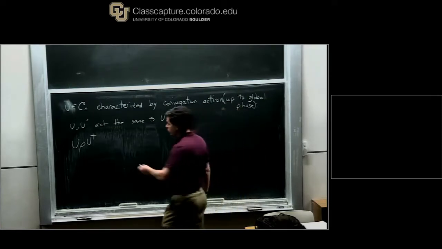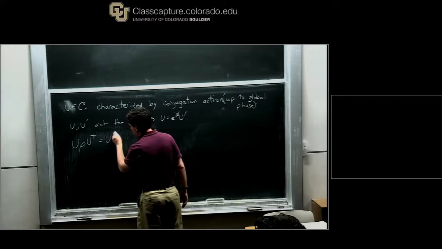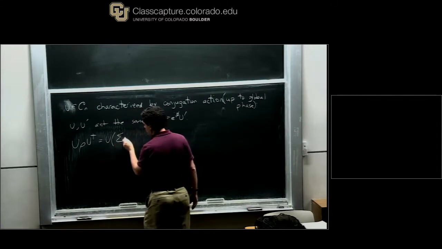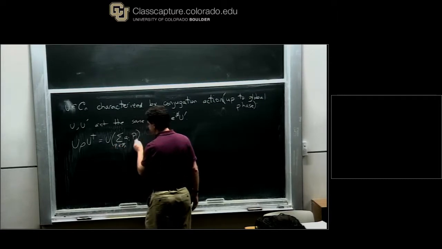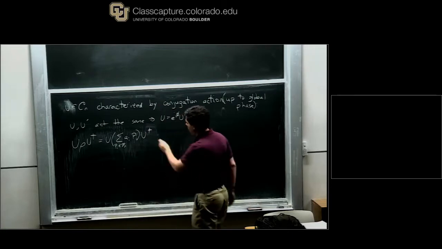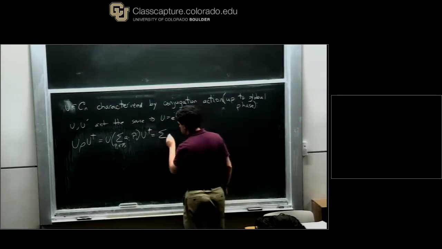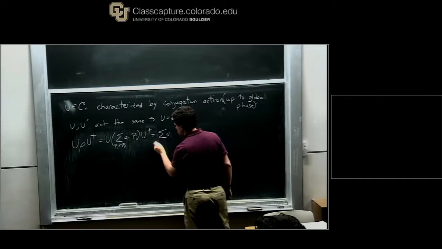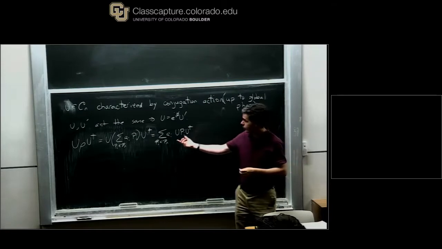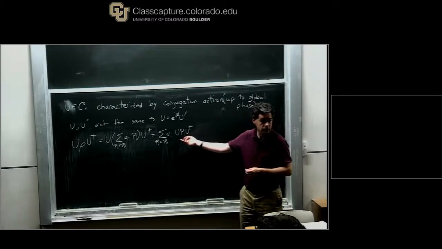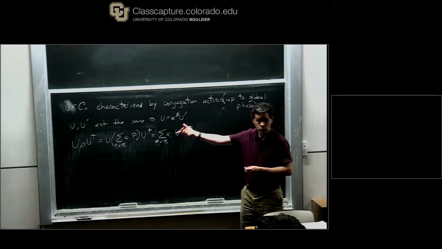So we can write this as u times some sum of a_i P_i, running over P_i in the Pauli group, u dagger. And we can take the sum out, and we get u P_i u dagger. And so the conjugation action tells us uniquely what the image of u acting on a density matrix is.